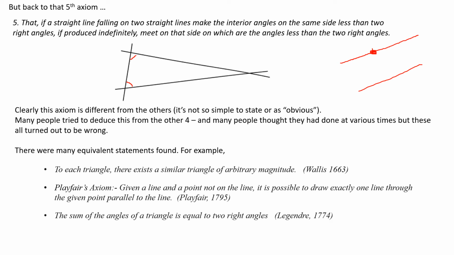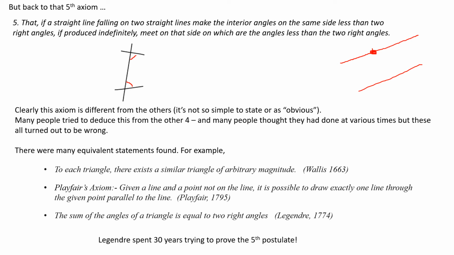Another equivalent statement is that the sum of angles in the triangle is equal to 2 right angles. So the fact that we all know and love, that the angles in a triangle add up to 180, is equivalent to the 5th postulate. This was due to a famous mathematician called Legendre in 1774.